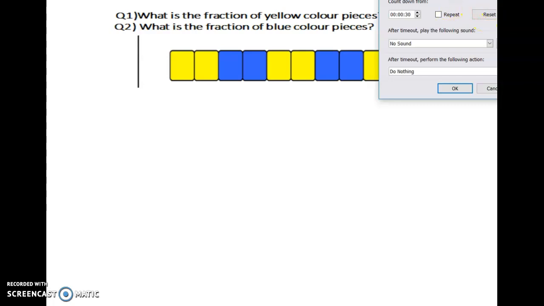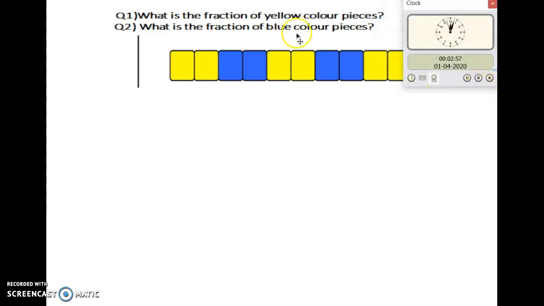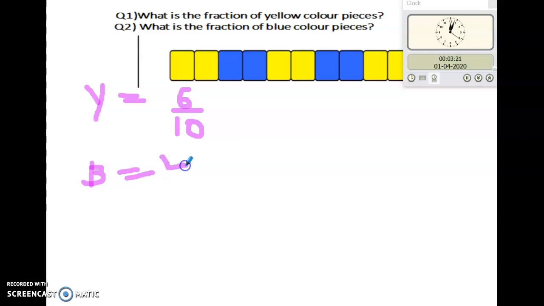Okay. So the fraction of yellow color pieces is 6 upon 10. Fraction of blue color pieces is 4 upon 10.